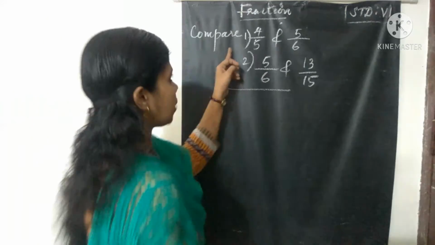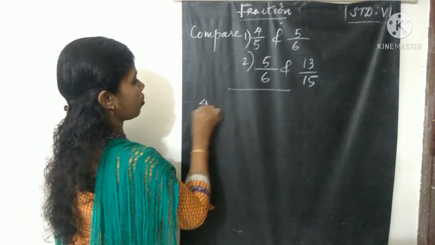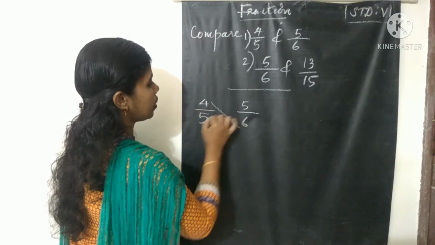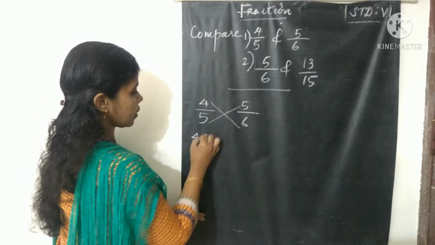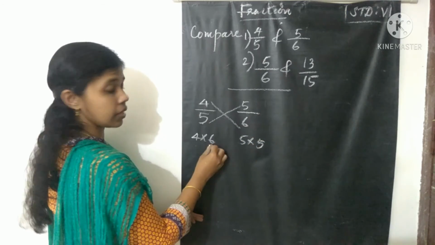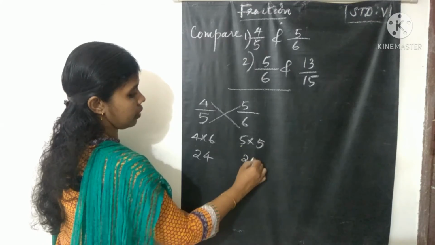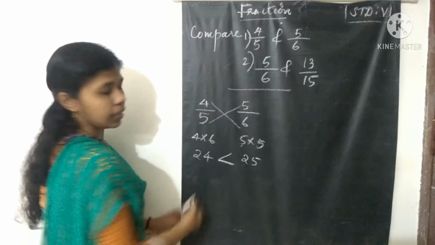Next question, compare 4 by 5 and 5 by 6. Just cross multiply: 4 into 6 and 5 into 5. What is 4 into 6? 24. 5 into 5? 25. Which is greater? 25 is greater.